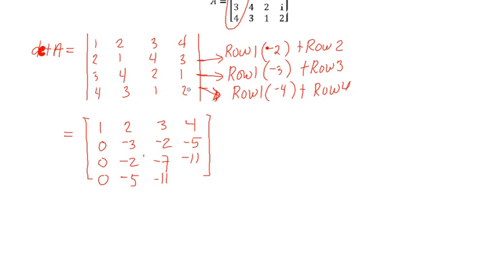And last element natin, that is row 1, that is 4 times negative 4, that is negative 16 plus 2, that is negative 14. So, nagawa na natin na gawing 0 yung first column, yung baba ng first row natin sa first column, nagawa na natin ng 0.